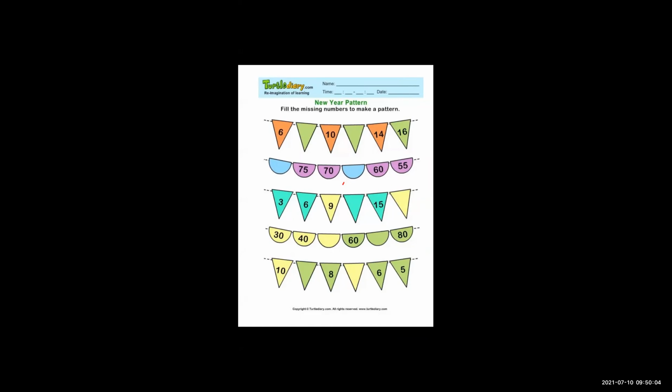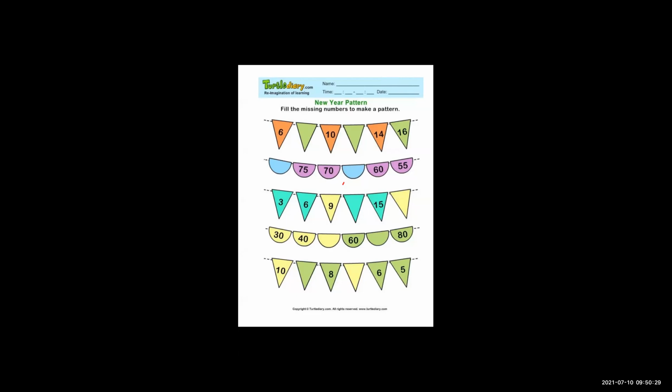Now you can see on your screen there are some numbers in different toran shapes. Look at the orange triangle, green triangle, orange triangle, green triangle. In those triangles they have given us some numbers, and we have to identify them.